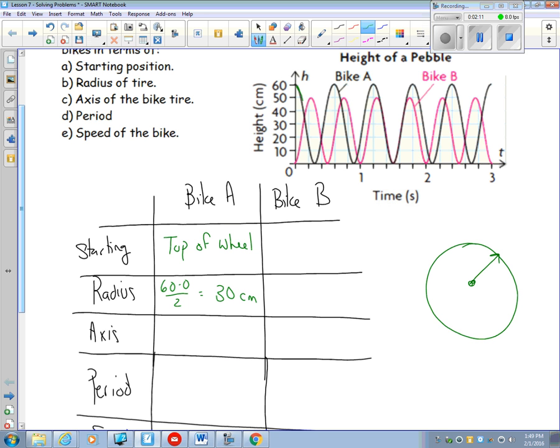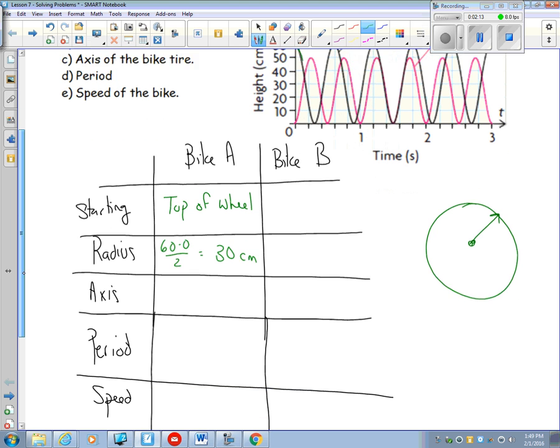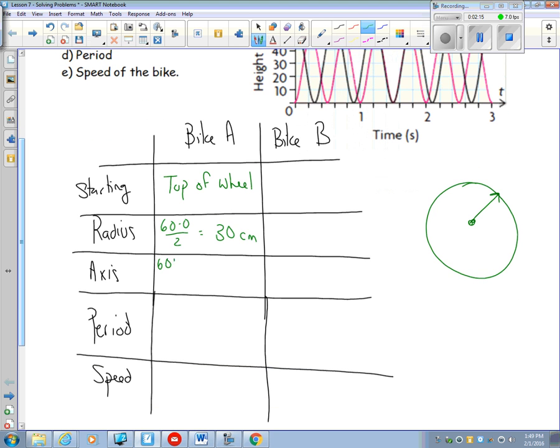Okay, where's the axis of this? Well, axis and axle, interchangeable there, would be at 30. Because for the axis, we're going to make this into an equation: y equals 30. It'd be where the center of that wheel is.